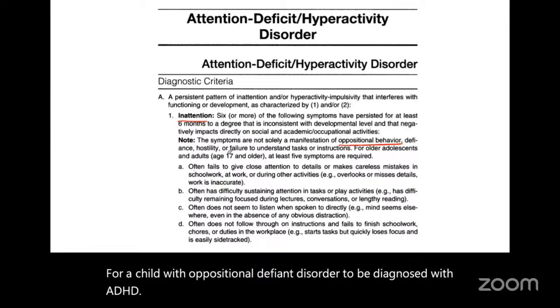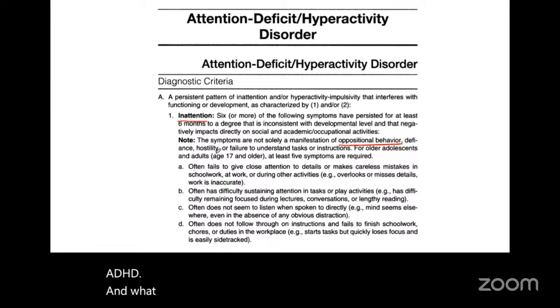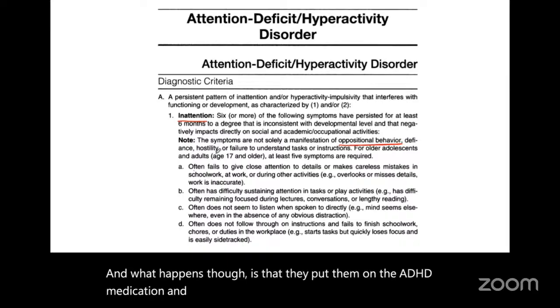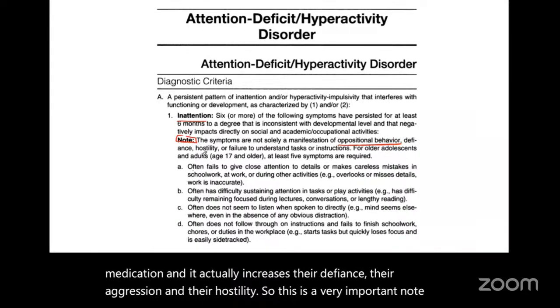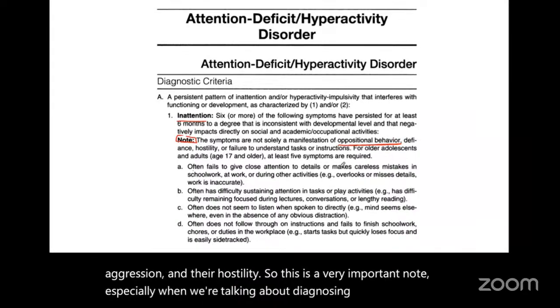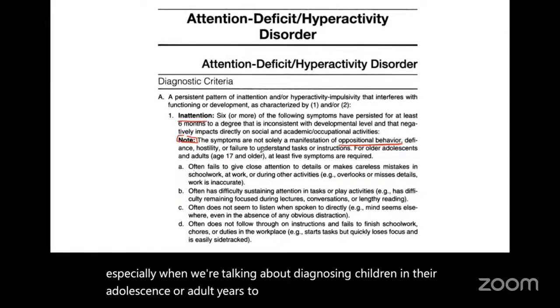What happens, though, is that they put them on the ADHD medication, and it actually increases their defiance, aggression, and hostility. So this is a very important note, especially when we're talking about diagnosing children in their adolescence or adult years: rule those behaviors out as an explanation.